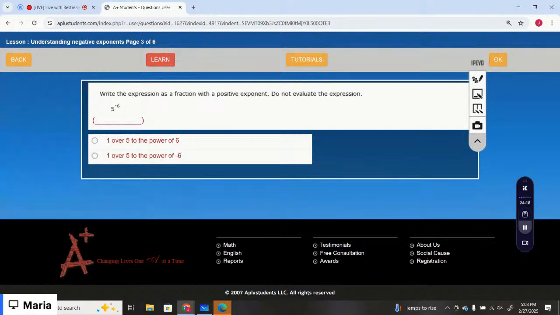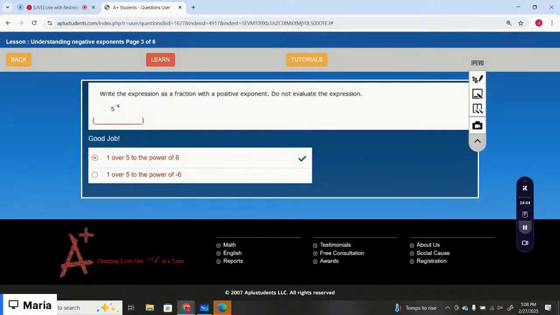Write the expression as a fraction with a positive exponent. Do not evaluate the expression 5 exponent negative 6. That is 1 over 5 to the power of 6.